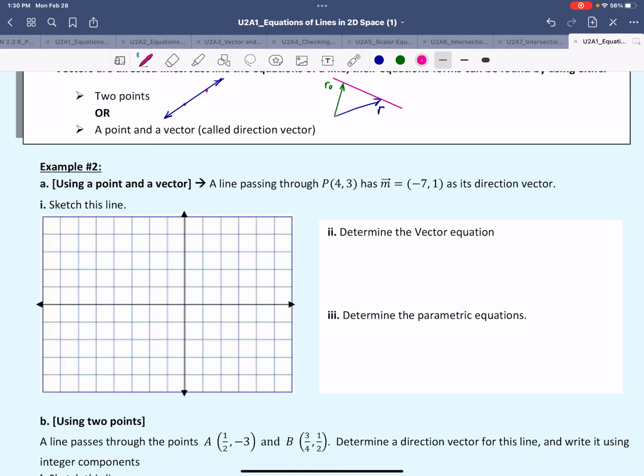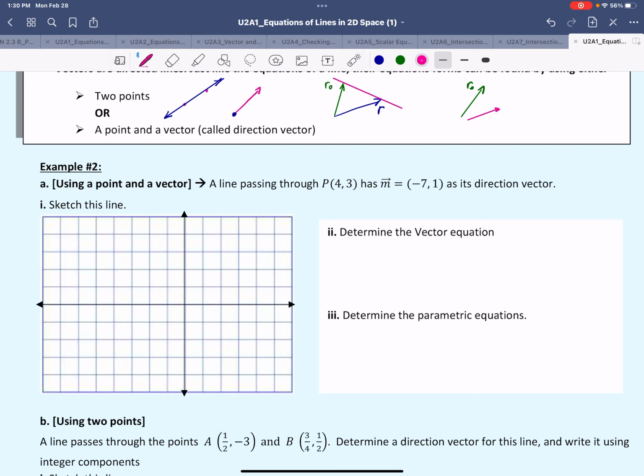Another way of drawing the line that we have seen in the past is by knowing a point and the direction of it, so the point and the slope. Similar to this, by using vector equations, instead of the starting point we use a starting vector r0, and instead of the slope for direction, we use the direction vector.